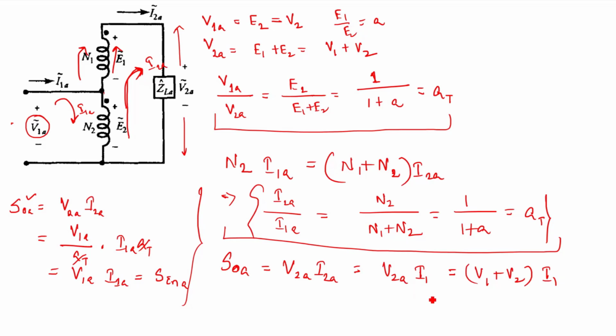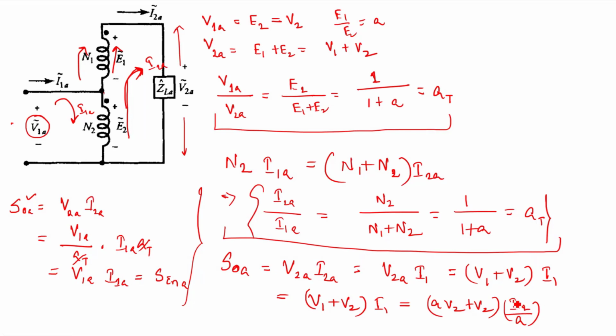Now if I convert V1 in terms of V2 and I1 in terms of I2 using the transformation ratio, then V1 will be AV2 plus V2, into I1, which will be I2 by A, right?